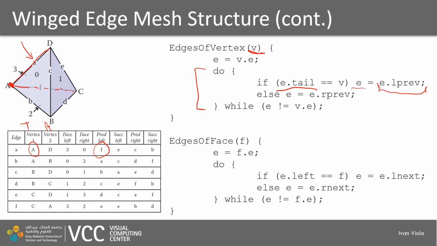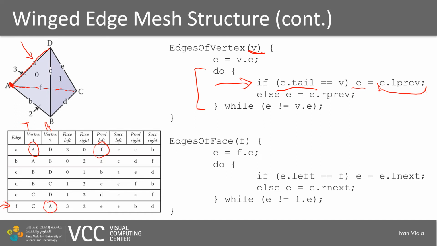We make one more loop, and now we try to find out whether, again, for F, the A vertex would be the tail or the head. So let's have a look at the row F. Well, here the A is actually the head.